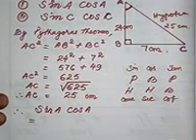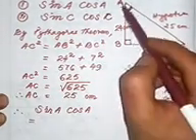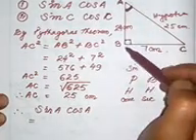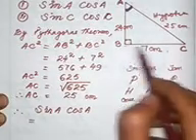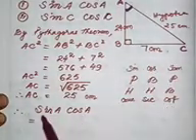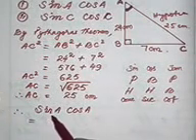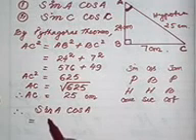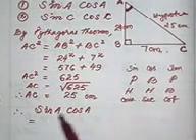Now, since we are taking angle A, AB will be the base and BC will be the perpendicular here. So what is the ratio of the sides here? Sine A is perpendicular by hypotenuse.